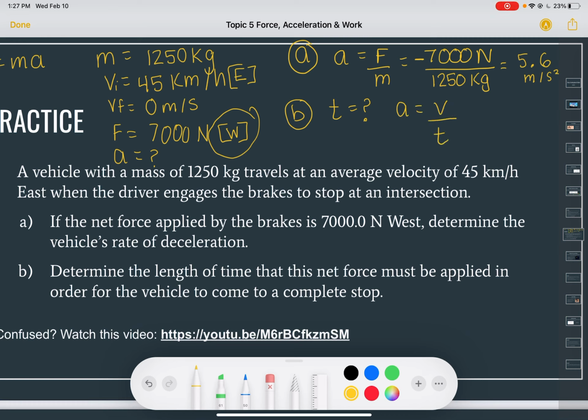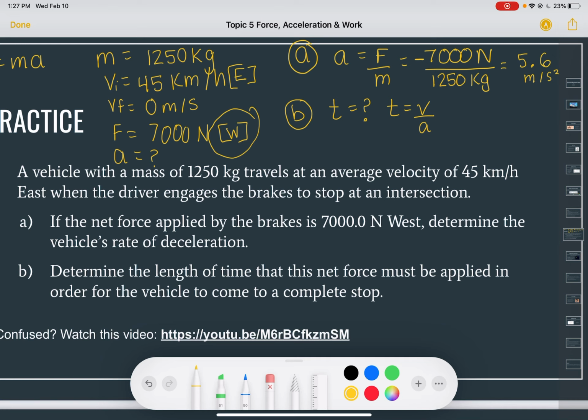I'm going to use that formula rearranged so that we're solving for time. So time is equal to V divided by a. Okay, just had to figure that out. So that's the formula we will use for this.